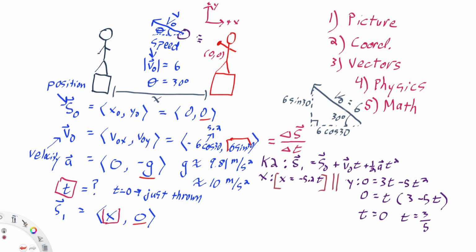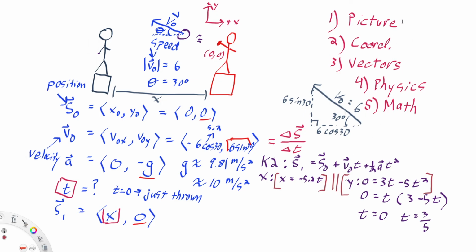The idea is that for a vector equation to be true, all of the x parts on one side have to equal all of the x parts on the other side, and all of the y parts on one side have to equal all of the y parts on the other side. So we split it apart into two separate equations, one with just the x parts and one with just the y parts.